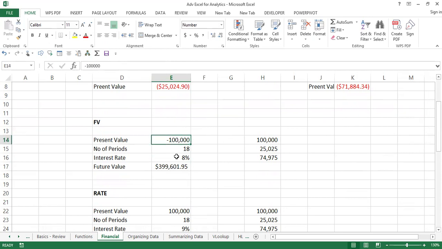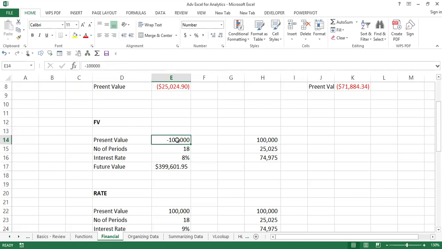If this is plus, this will be minus, right? This is the present value. Why? Because you are giving this to the bank and getting this back. Do you understand? It's debit, credit.